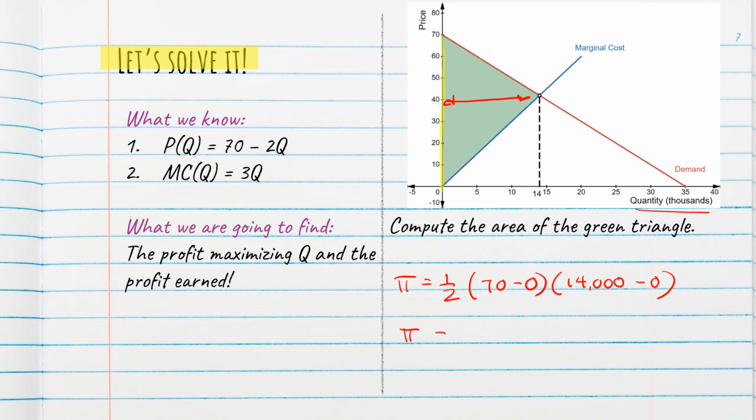So we have profit is equal to 35 times 14,000. I don't know about you, but I need a calculator for that. And I determined that that's equal to $490,000. So this is a simple demonstration of a firm with market power engaging in perfect first-degree price discrimination.